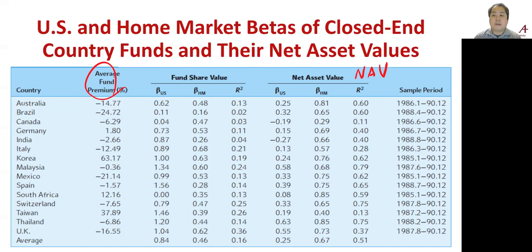Like the Korean fund, the Taiwan and Spain funds have large premiums: 37.89% for Taiwan, I believe, and 21.57% for Spain. The Mexico fund is at a discount, negative 21.14% on average.